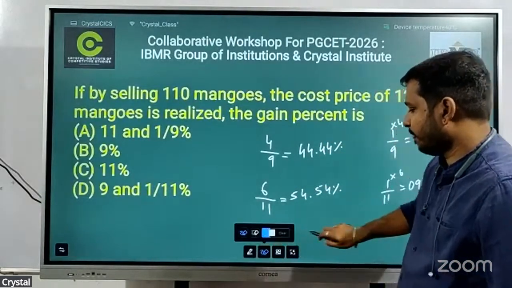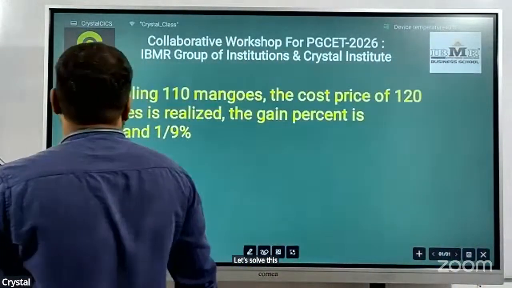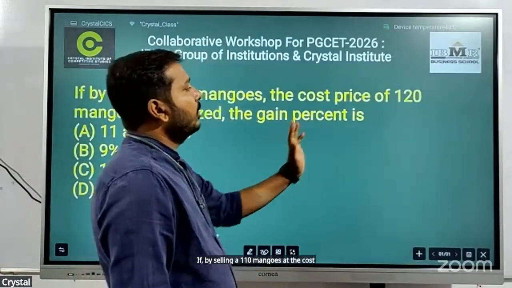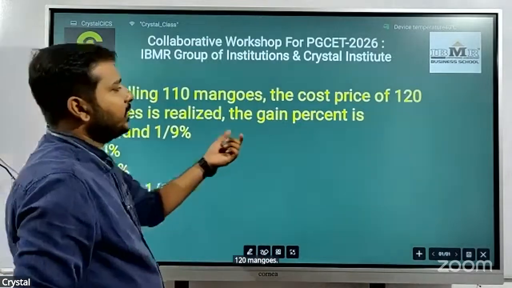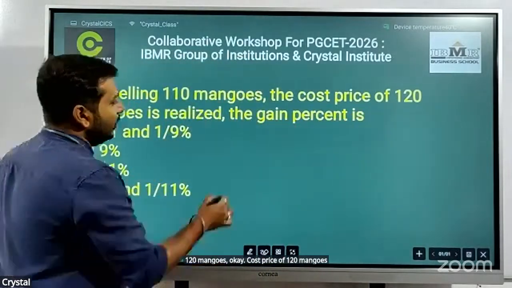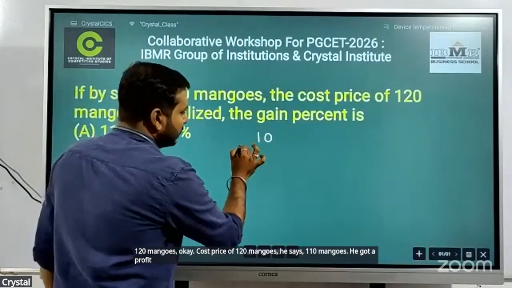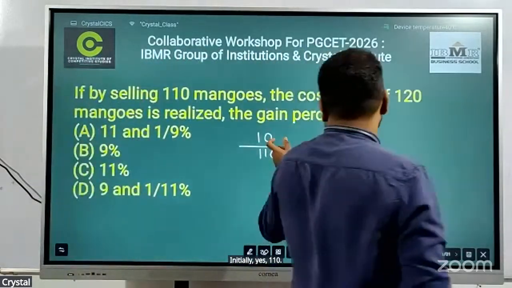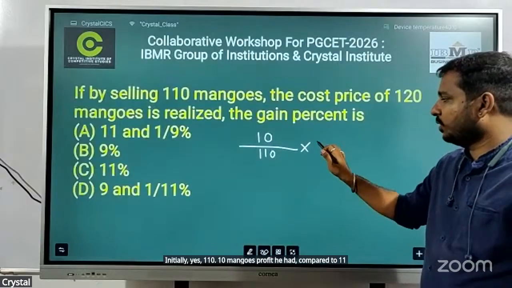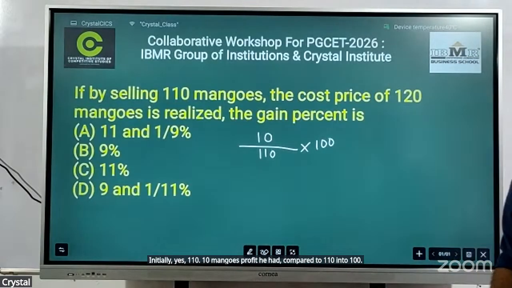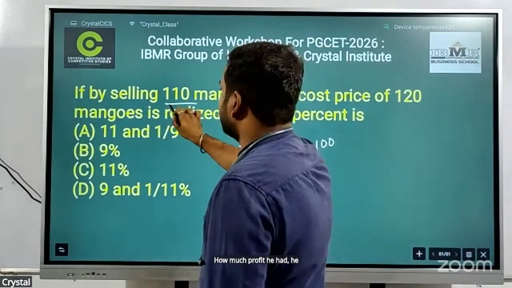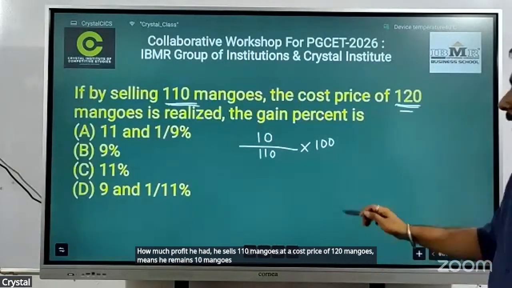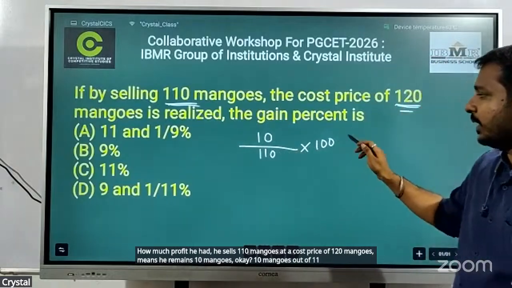Let's solve this. By selling 110 mangoes at the cost price of 120 mangoes, he sold 110 mangoes and got a profit of 10 mangoes. Compared to 110 into 100, how much profit did he get? 10 mangoes out of 110 into 100.